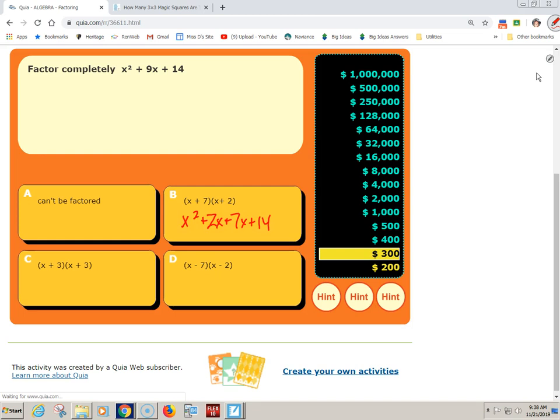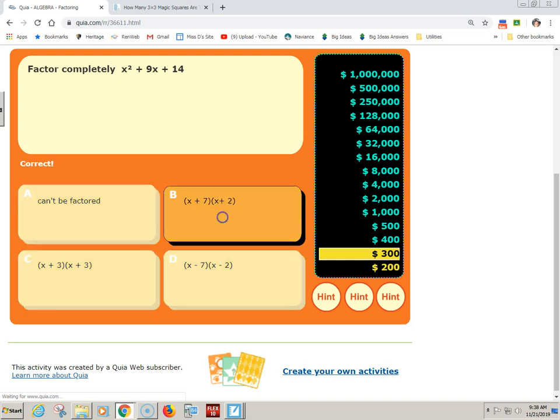Does it work? Yes. We'll check it with the box next time. But question, guys, what would have gone in your x off to the side? Looking for factors of 14 that make 9. Would you have gotten 2 and 7? Yes. Okay. So we think that it's B.